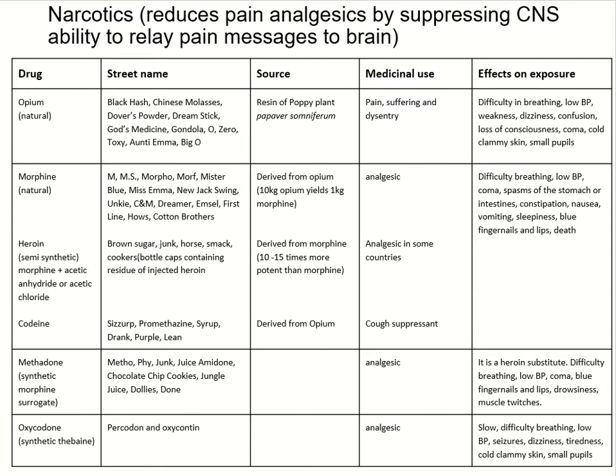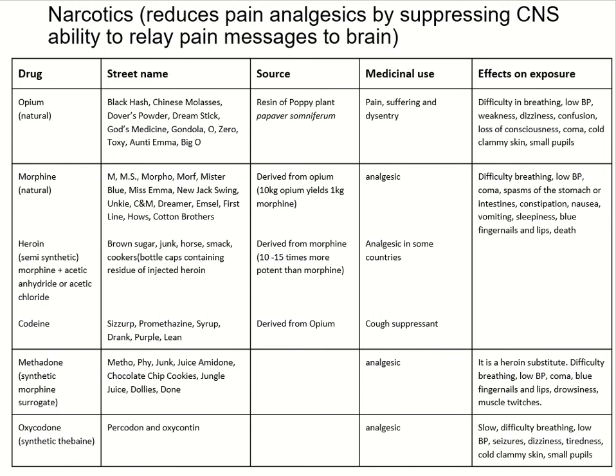Now starting with narcotics. Narcotics are used as painkillers. They work by suppressing the CNS, the central nervous system's ability to relay pain messages to the brain. The various examples of this category are opium, which is a naturally occurring substance from the resin of the poppy plant or Papaver somniferum.